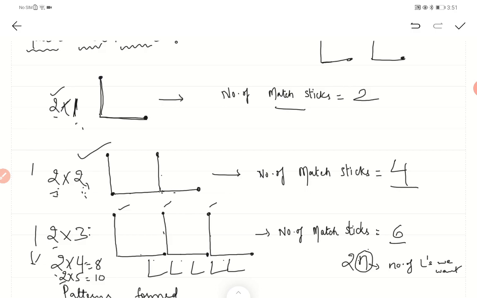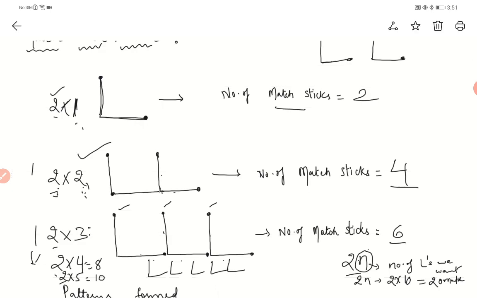If I want 10 L's to be formed side by side, how many matchsticks will I need? I will need 2n matchsticks. So that is 2 into 10. n is what? How many L's I want to form: 10. So in total I need 20 matchsticks to make the pattern of 10 L's side by side, isn't it?